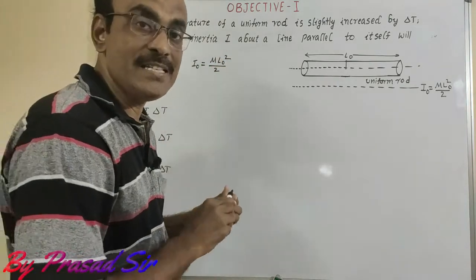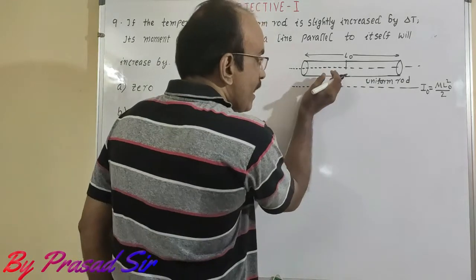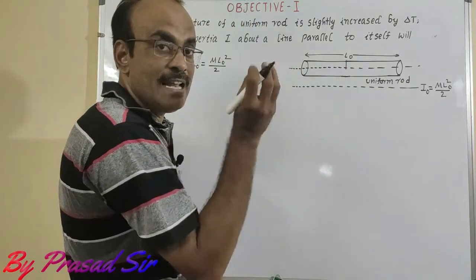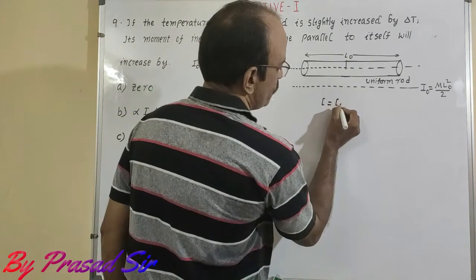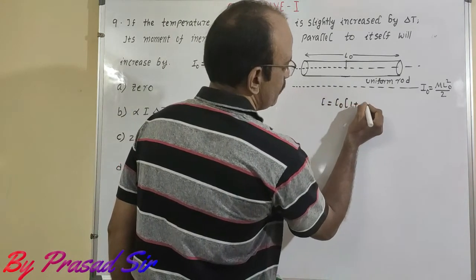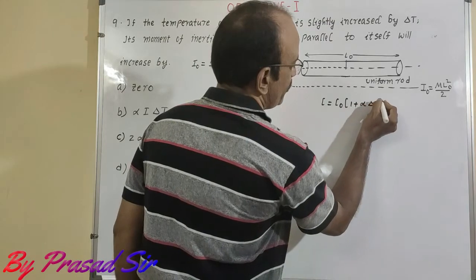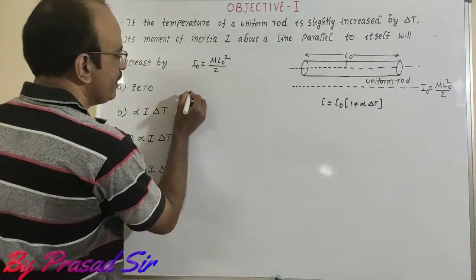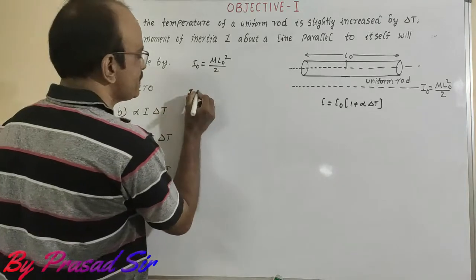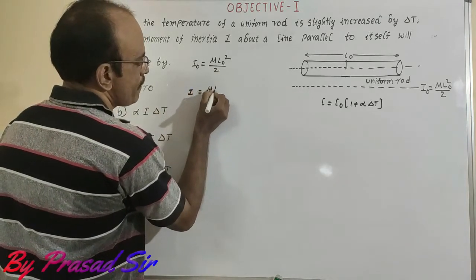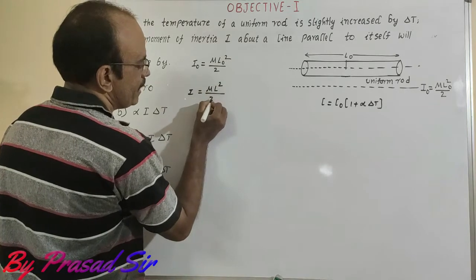But what happens in this case? After the temperature rises, the length must increase. I take L is equal to L naught times 1 plus alpha into delta T. Now for the increased length, the moment of inertia I is equal to m L square divided by 2.